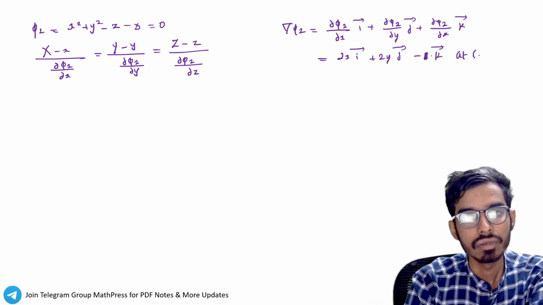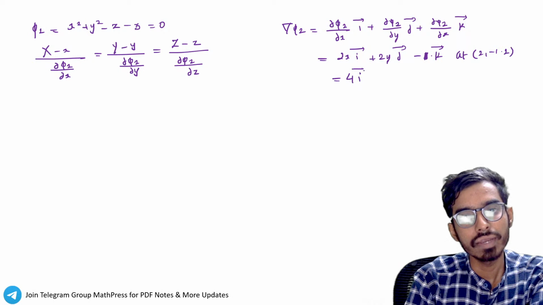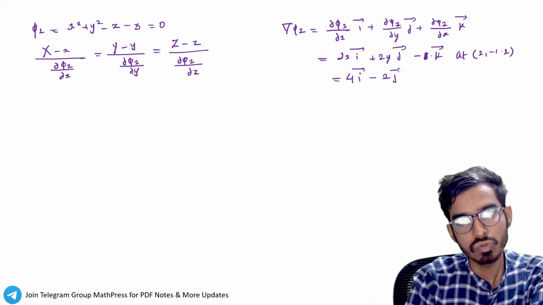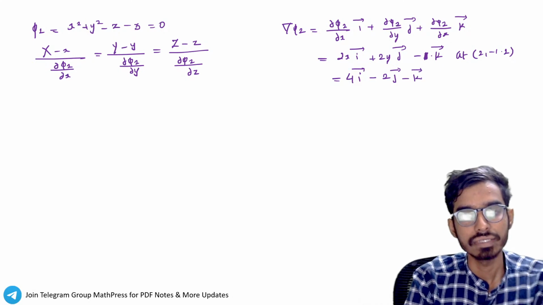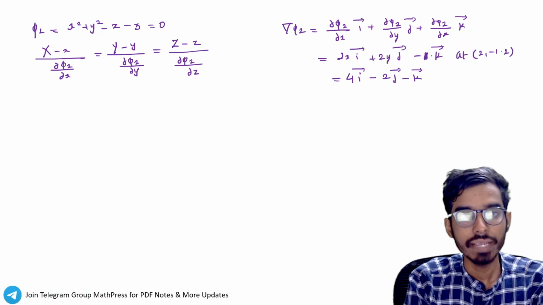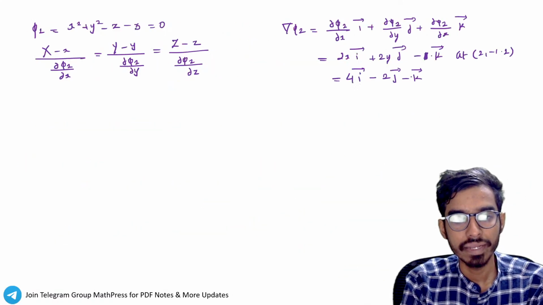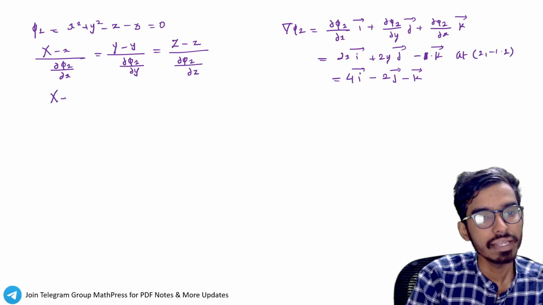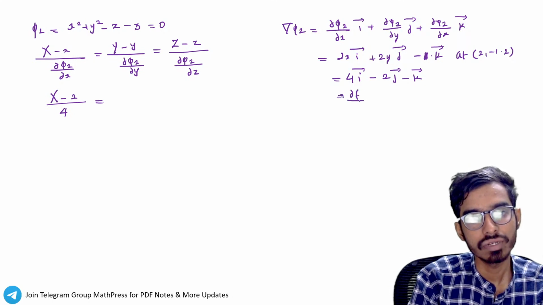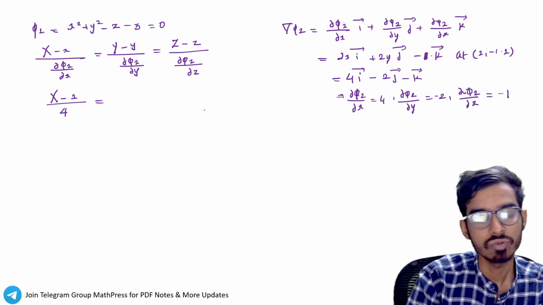Now at the point (2, -1, 2), this will be 4i vector minus 2j vector. Here there is no z term, so this will remain as it is. So 4i minus 2j minus k. This implies dou phi2 by dou x will be 4, dou phi2 by dou y will be minus 2, dou phi2 by dou z will be minus 1.